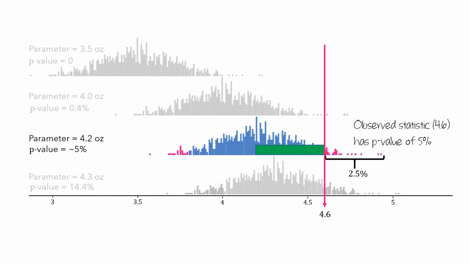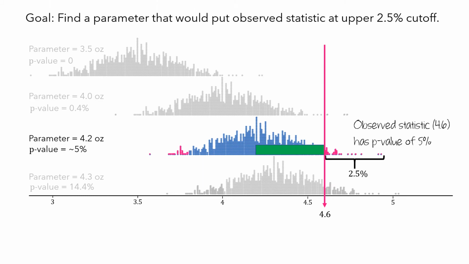So in this process of guessing parameter values, our goal is to find a parameter that would put the observed statistic at the 2.5% upper cutoff of the resulting sampling distribution. This would be true for any parameter that is within this distance of the observed statistic. So another way to think about our goal is to find this distance. Is there a way to do this without doing all of the guessing?